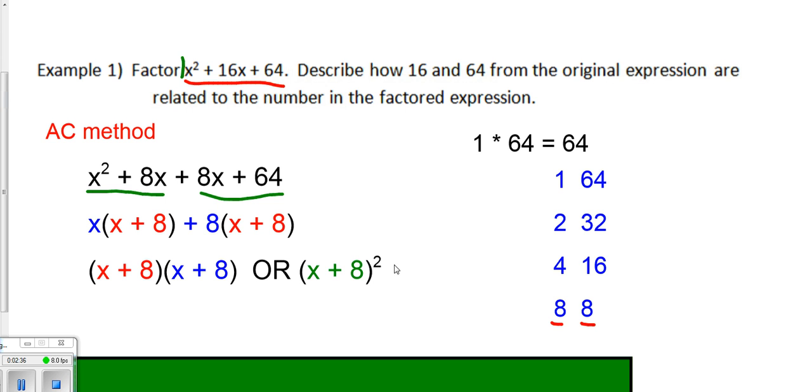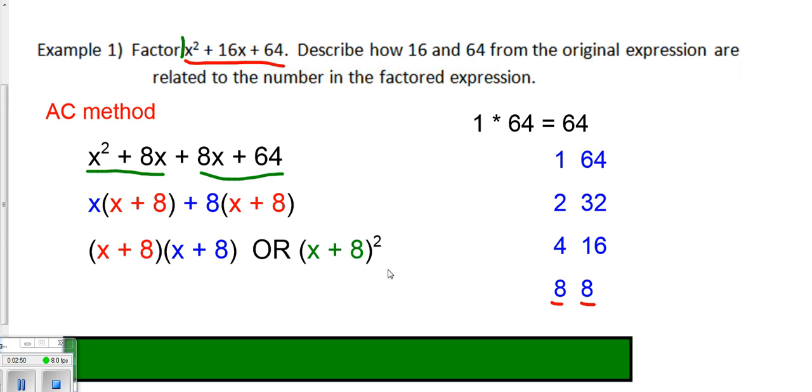Remember, squaring something just means that number multiplied by itself. x plus 8 as a binomial multiplied by itself means the same as x plus 8 to the power of 2. So, if this is our factored form, x plus 8 squared, we need to describe how 16 and 64 from the original expression are related to this number, positive 8.